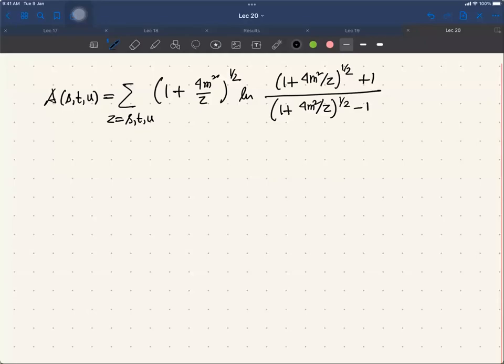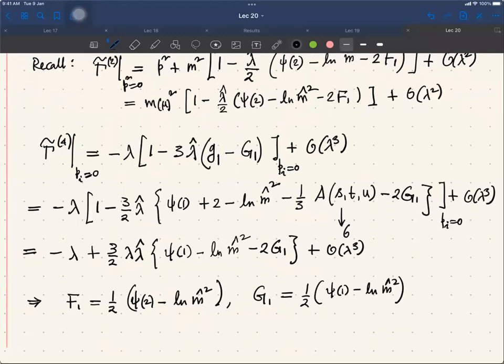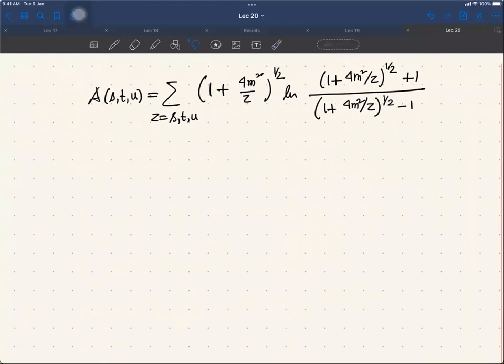Hello. Okay, let me begin by showing this result that in the limit p_i going to 0, this goes to 6. It's a simple algebra of taking limits.